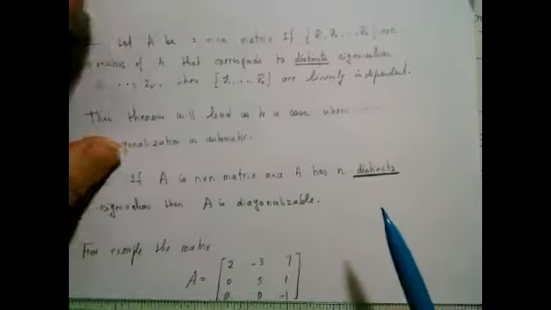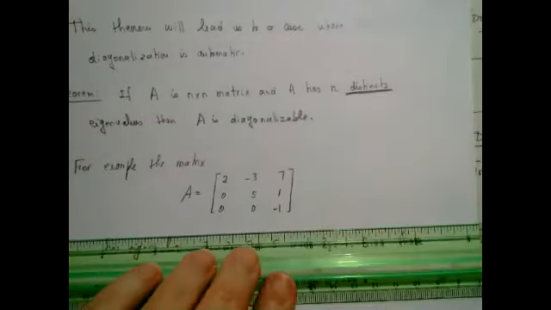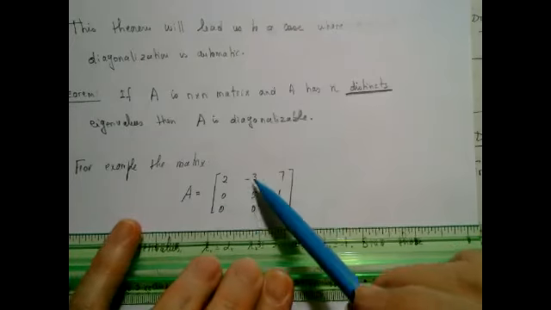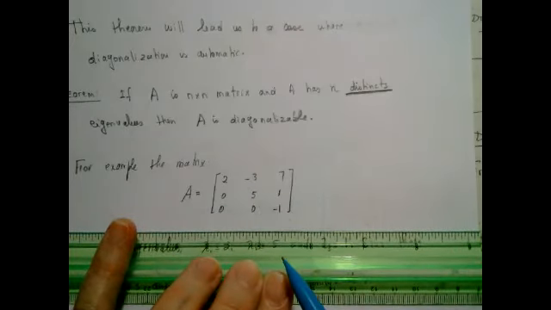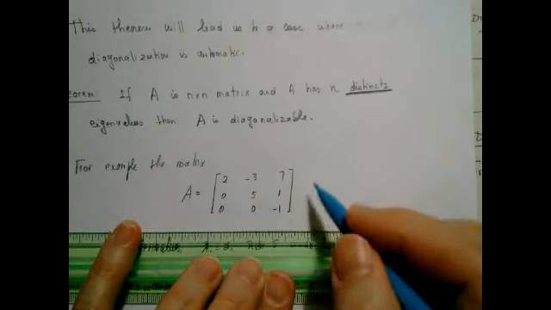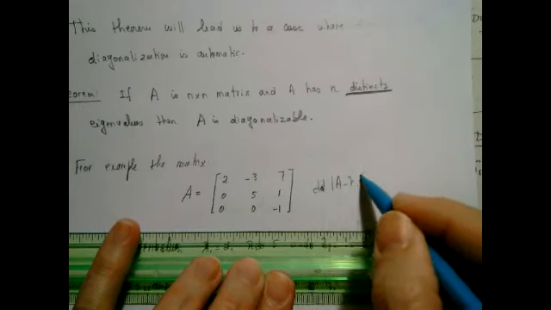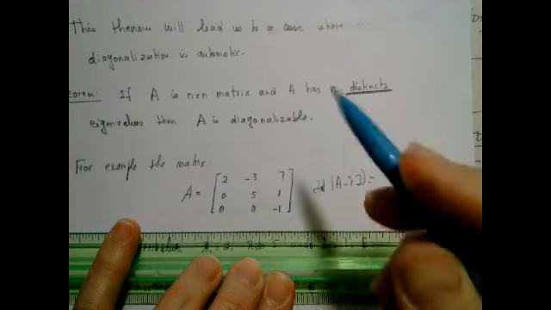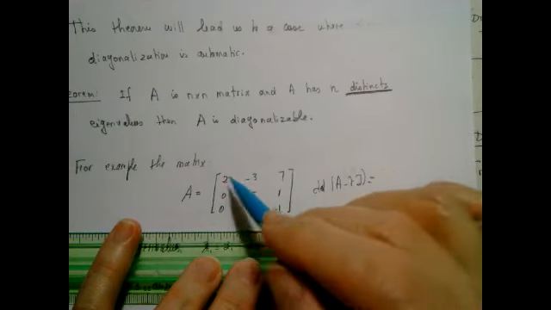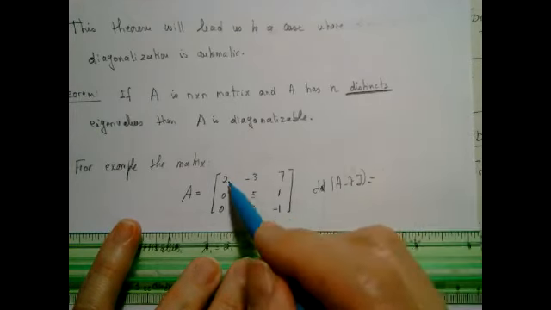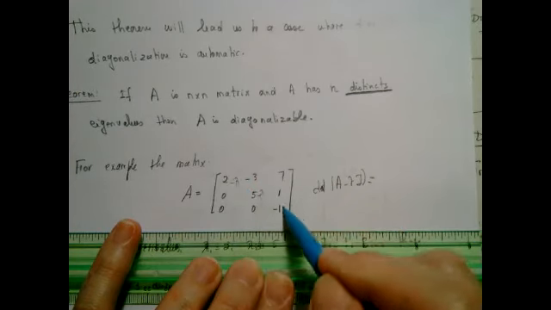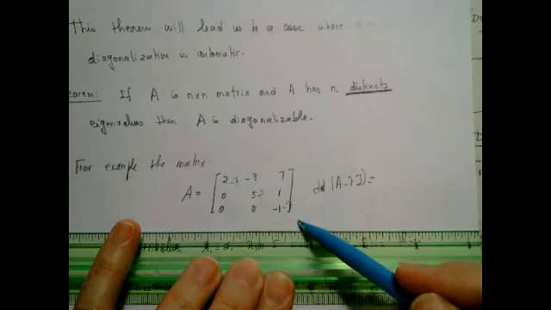So for example, if I take the following matrix, 2, 0, 0, minus 3, 5, 0, the eigenvalues are going to be 2, 5, and minus 1. Because when I take A minus lambda I and compute the determinant, I take the product along the diagonal.